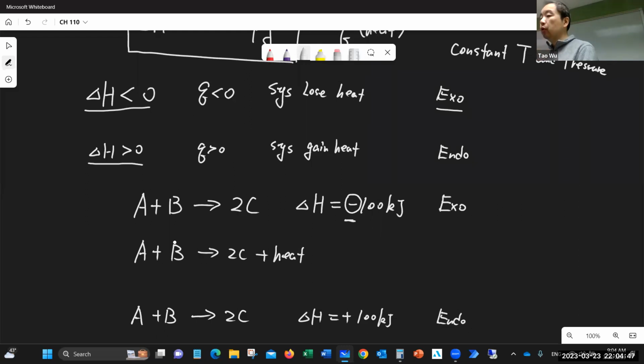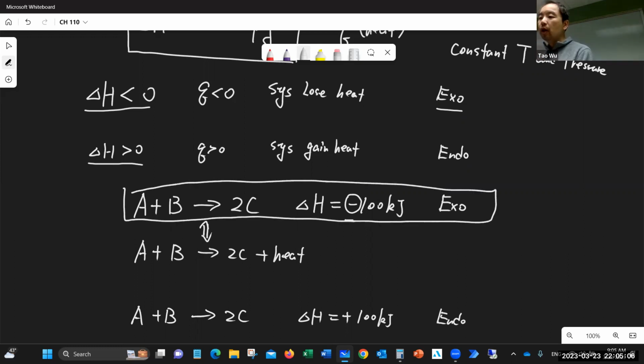A plus B equal to 2C plus heat is just equal to delta H with a negative sign, because it's exothermic, producing heat. Those are the same thing. But the delta H form is the most common one that people write. They give you a chemical equation and they write down the sign of the heat.